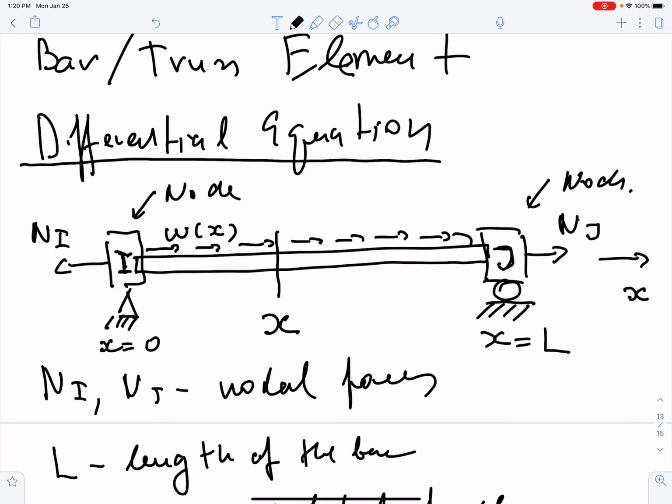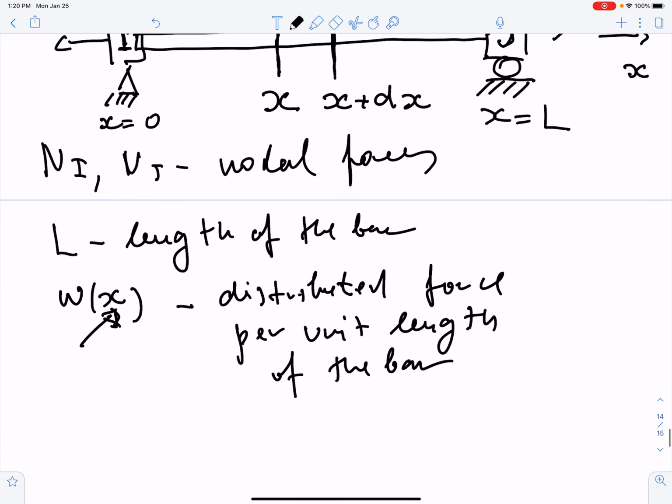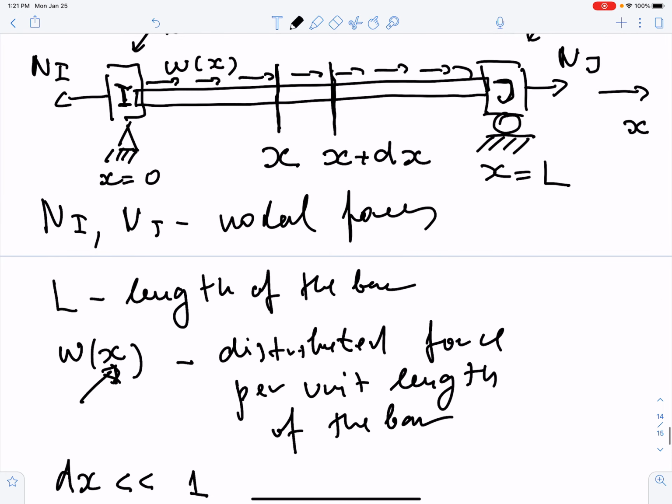Okay. You take an infinitesimal piece of the bar. Okay, so this coordinate is x, right? This is going to be x plus dx, okay, where dx is small, okay, much less than any sort of, let's say, measurable unit.